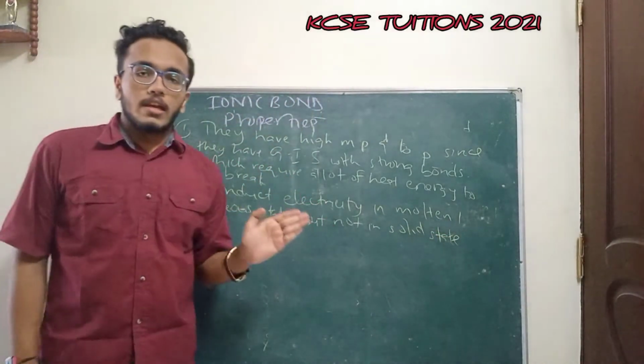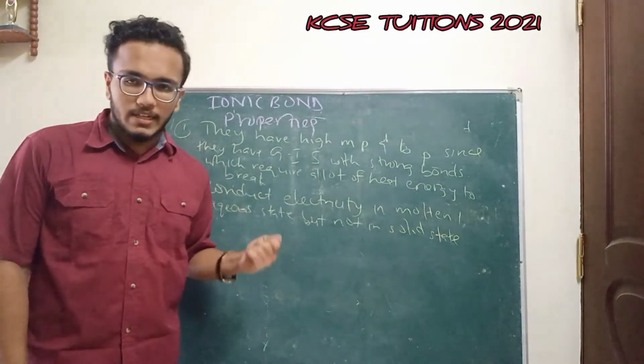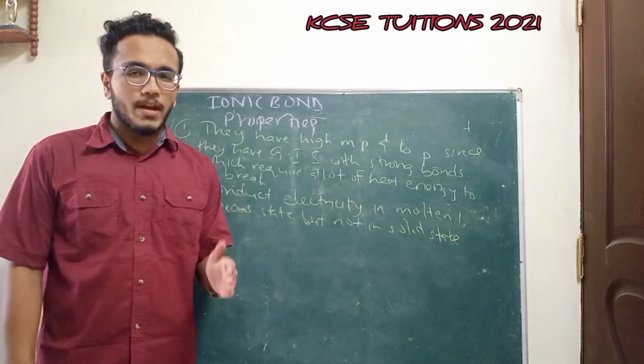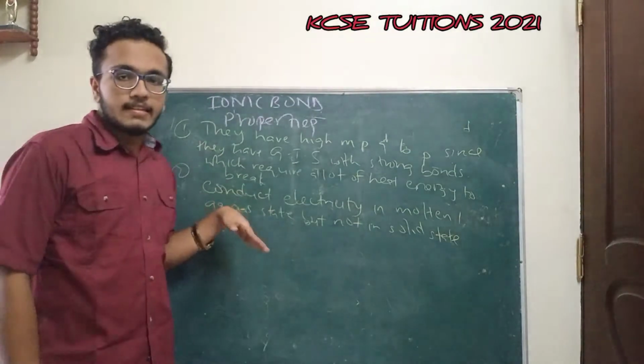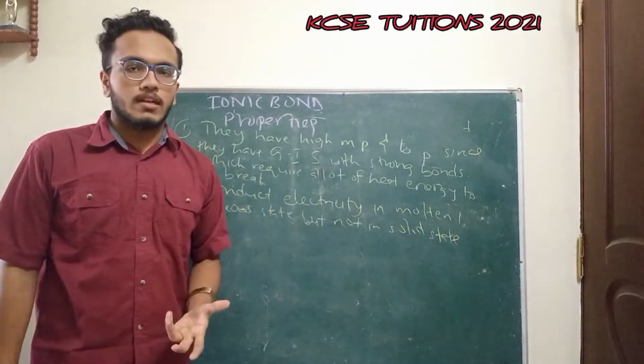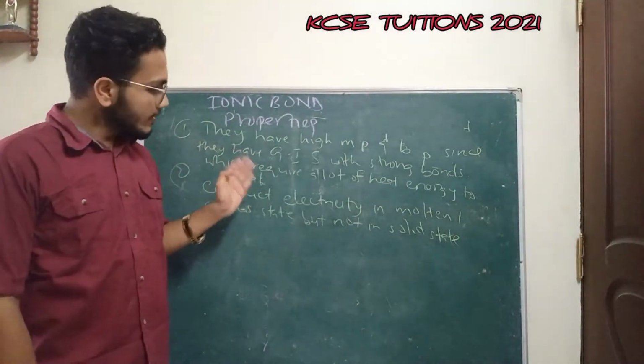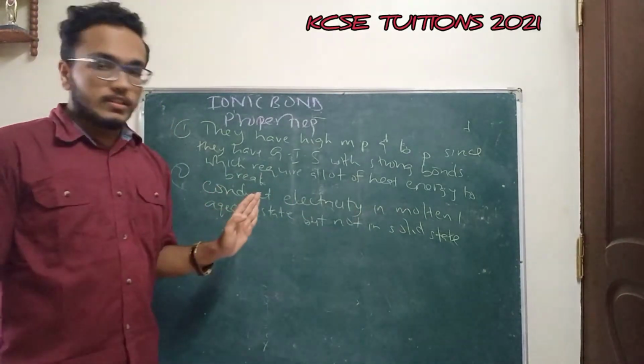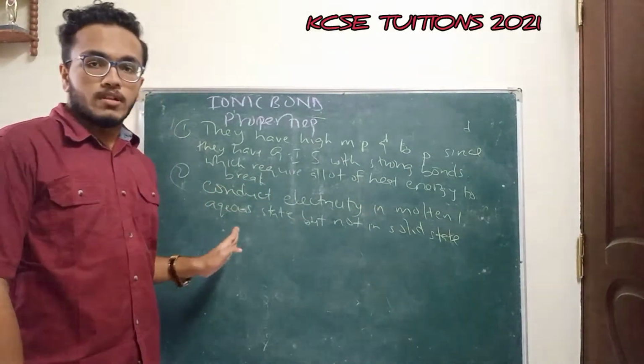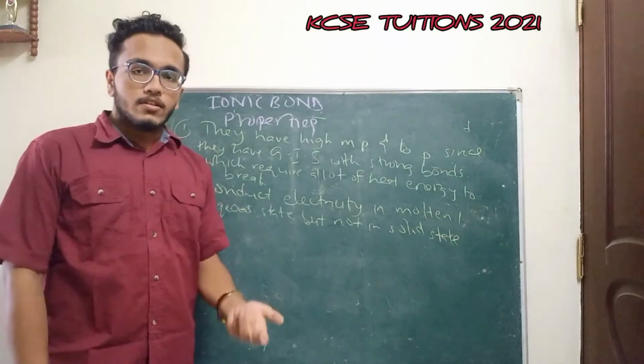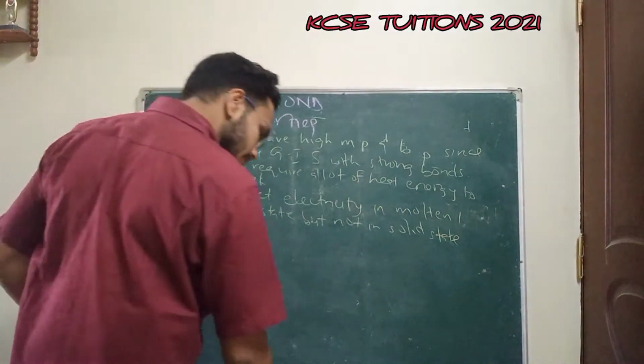Ionic compounds, I repeat, conduct electricity due to the presence of free or mobile ions. When they are in solid state, the ions are not mobile, hence cannot conduct electricity. But when they are in molten or aqueous state, they conduct electricity due to presence of free mobile ions.